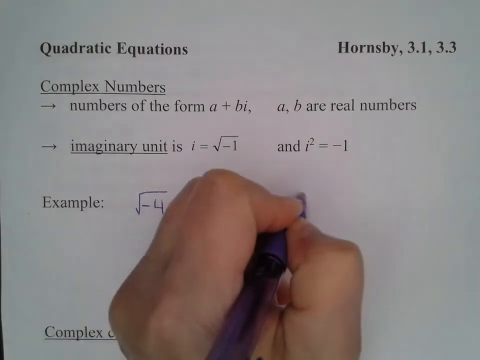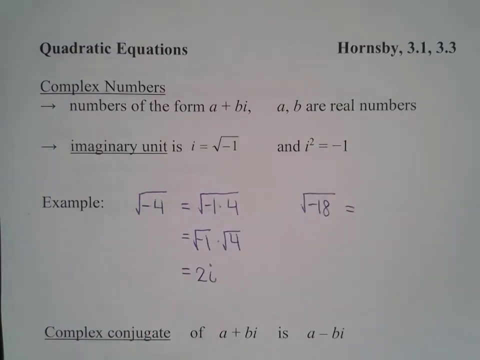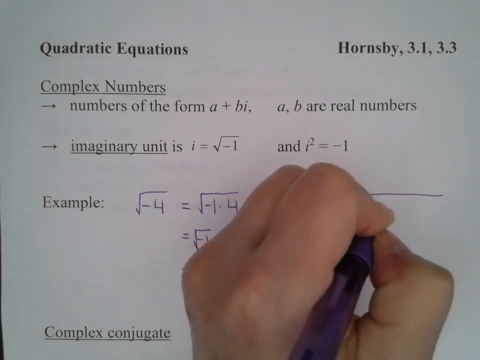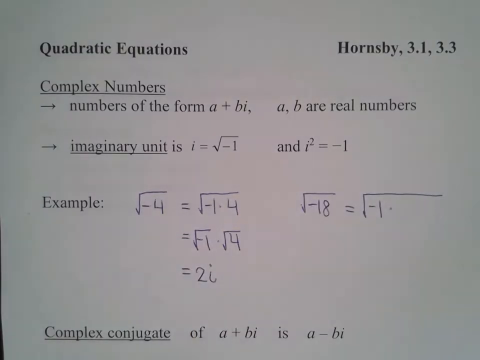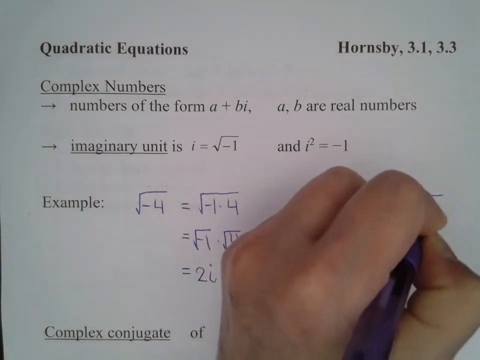Let's say we had another one like the square root of -18. We could do the same thing. Now, 18 is not a perfect square, so it's not going to come out perfectly even. You will need to know how to pull things out of the square root. So we would like to break up -18 into two numbers that multiply together to be 18. One of them, hopefully, could be a perfect square. 9 times 2 is going to work out the best.